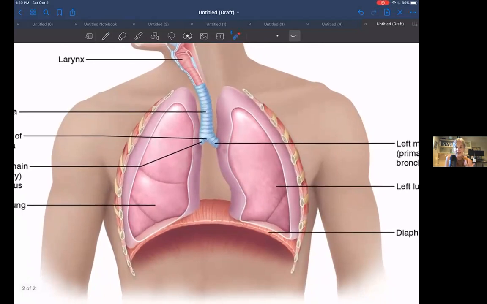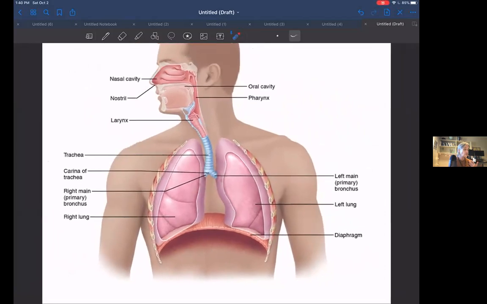The lungs themselves are protected by the rib cage, and they are in what is called the thoracic cavity. The heart would be right between the lungs, right there. There's a cardiac notch in your left lung, and that is where the heart sits a little bit over to the left side of the body. Then you'll notice a structure here called the diaphragm.